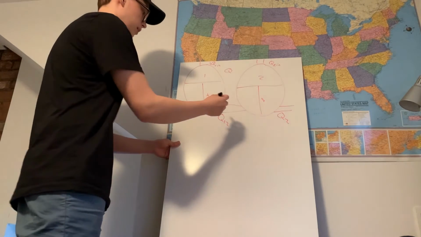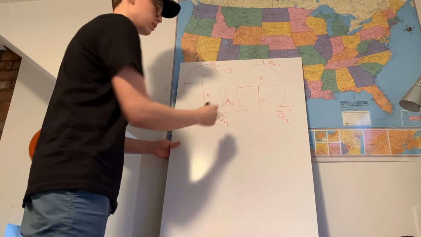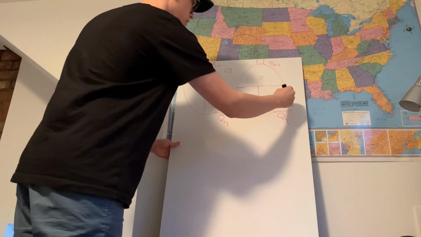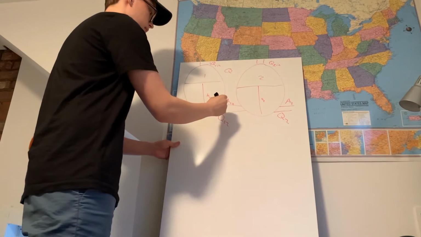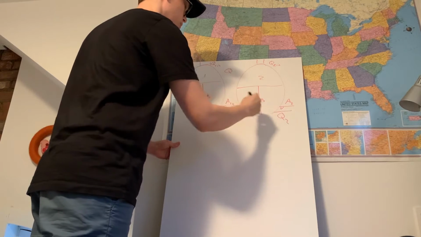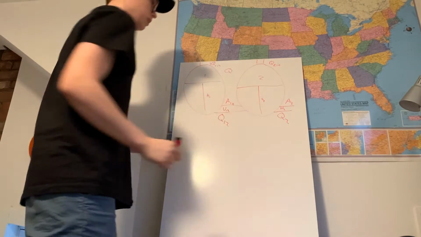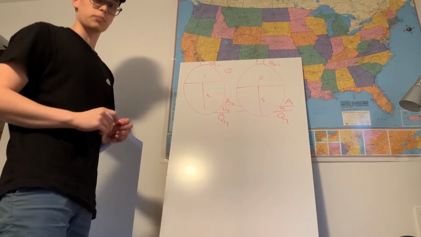We also have to take into account the cross-sectional area. So this is A12, the cross-sectional area of the pipe, and A2, as well as the velocity of the liquid, V12 and V2, for the velocity of the liquid within the pipe.